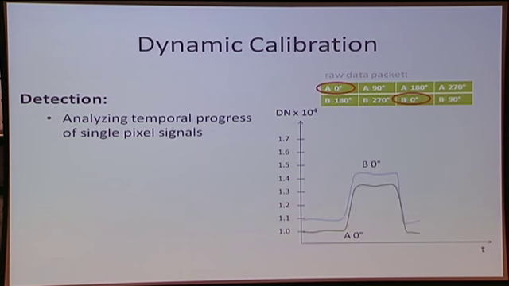And we are doing this correction by employing a dynamic calibration technique. So we look at the temporal signals of single pixels. And here in this figure, the theoretical signal of the two corresponding measurements A and B at the angle 0 degree are given.